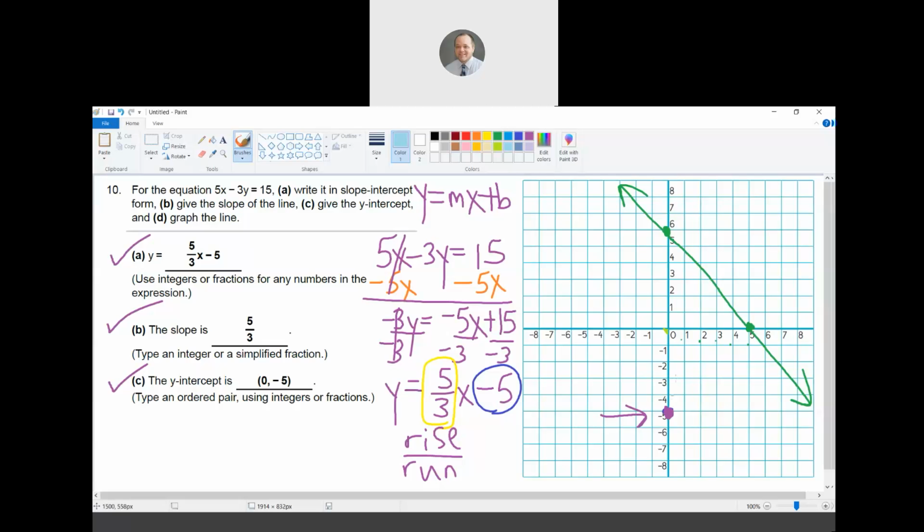So 1, 2, 3, 4, 5. And because our run is also positive, we move 3 spots to the right. So 1, 2, 3 spots, and we stop. Connect the dots, and you got the graph of your line.